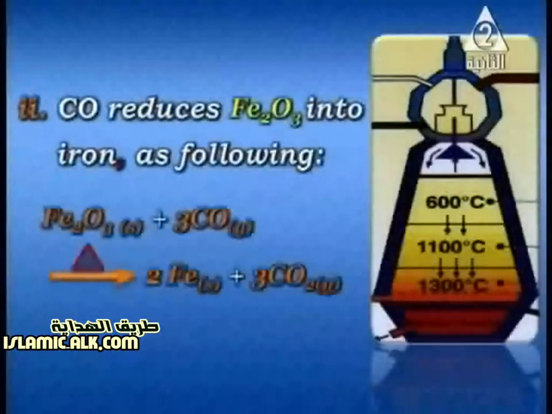Now carbon monoxide reduces the iron 3 oxide into iron as follows. Iron 3 oxide plus carbon monoxide, by heating above 700 degrees Celsius, gives iron and releases carbon dioxide gas. The following animation will show how this is done.